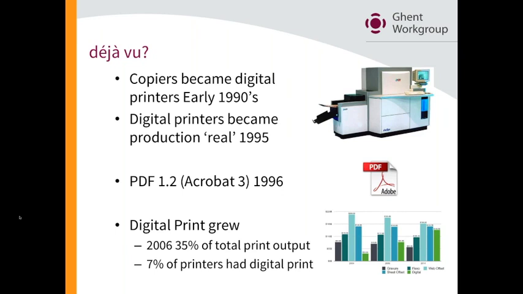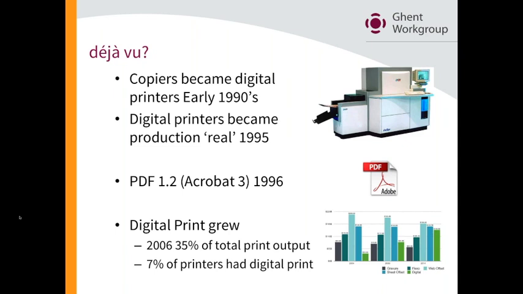Instead of just sticking a piece of paper on a copier, printing it out, and making copies, you were able to send files directly from your computer to what was a digital copier, but then became a digital printer.